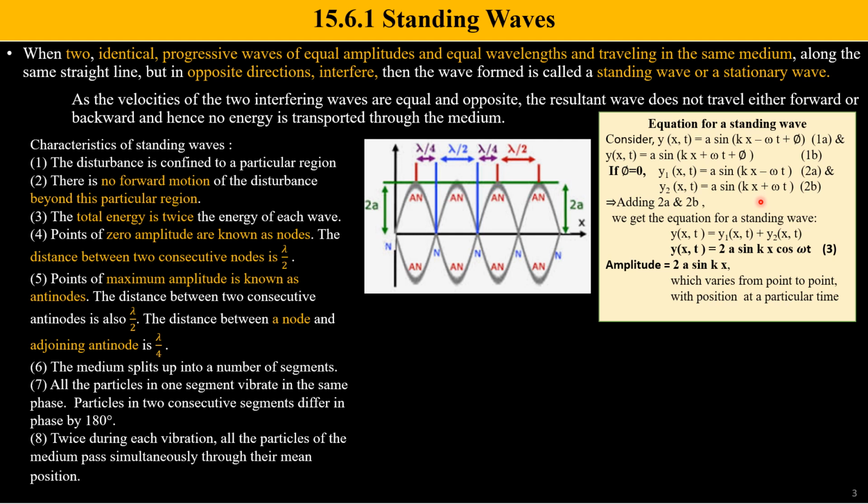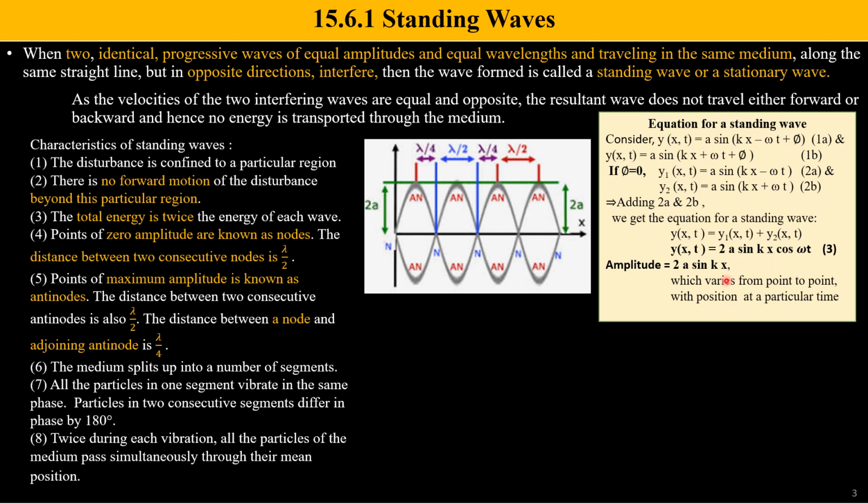Applying the trigonometric identity, sin(A+B) + sin(A-B) = 2 sin A cos B. Hence, adding equations 2a and 2b, we get y(x,t) = 2a sin kx cos omega t. Here, the term 2a sin kx is the amplitude, and cos omega t is the phase. Let it be equation 3. So, therefore, amplitude is 2a sin kx.